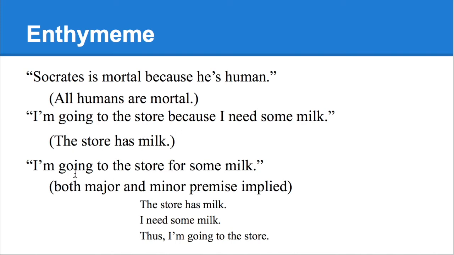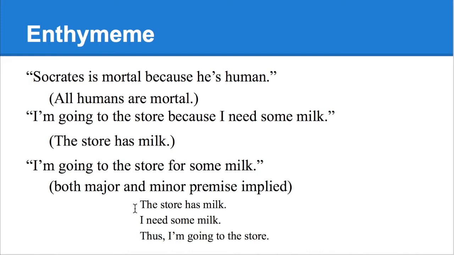One more. I'm going to the store for some milk. Now, here I've gone to another level. Instead of saying 2 of the 3 and leaving out 1, I've only said 1 of the 3 and left out 2. Right? I'm going to the store for some milk. Well, apparently he needed some milk. That's why he's going.